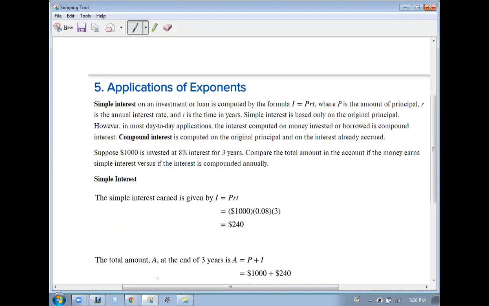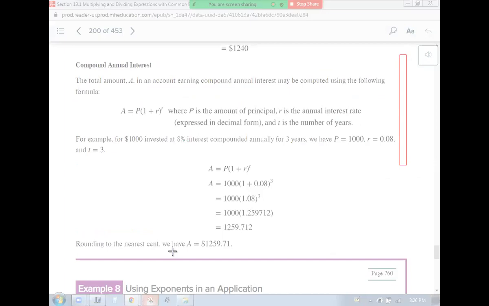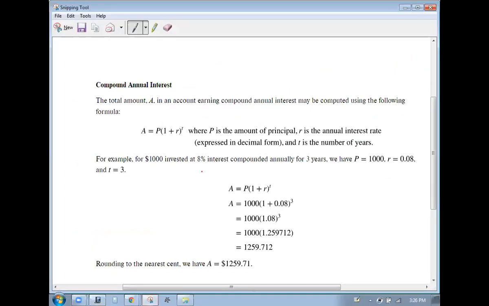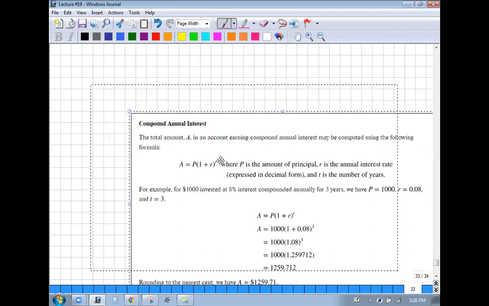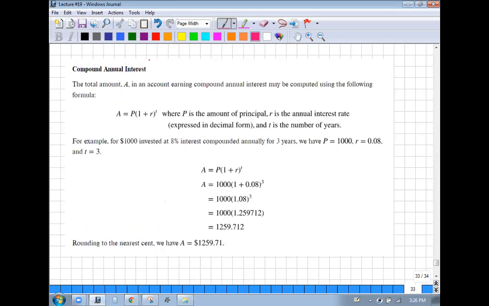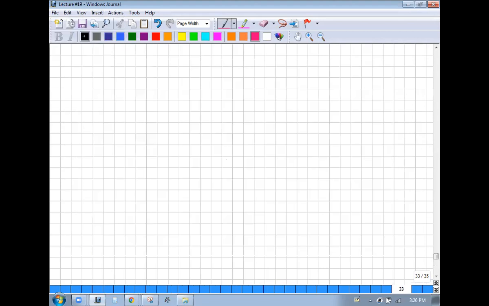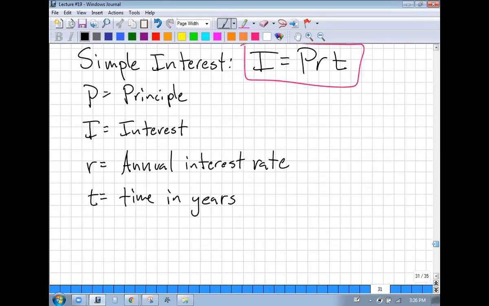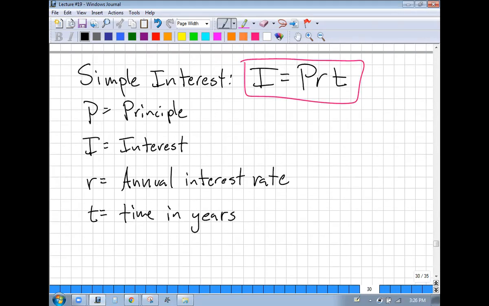So to deal with this collecting interest on interest, here's the more realistic formula. Compound interest. All right. Oh, and I should have told you up here, simple interest. So A is the amount owed after T years.